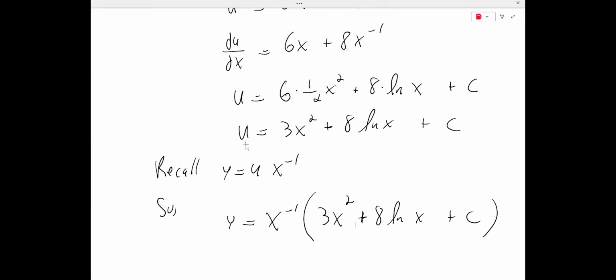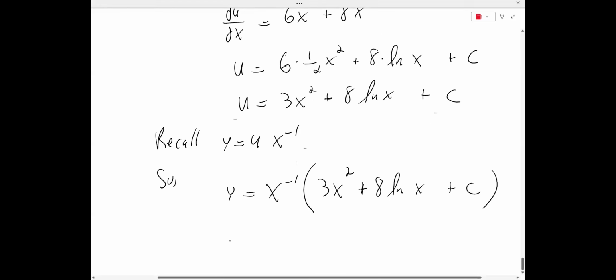We found a u that makes it work; if u is this, then that differential equation holds. So y is equal to this, the u right here, and then the x to the negative first in front.